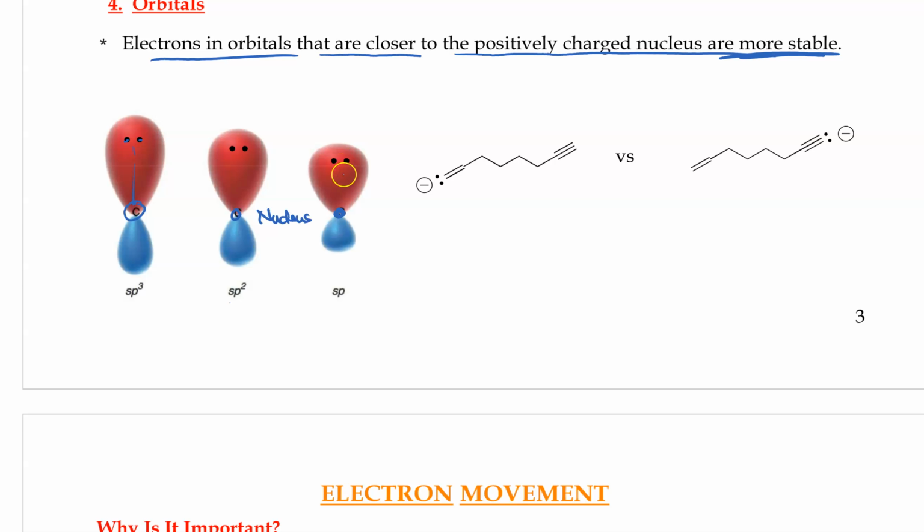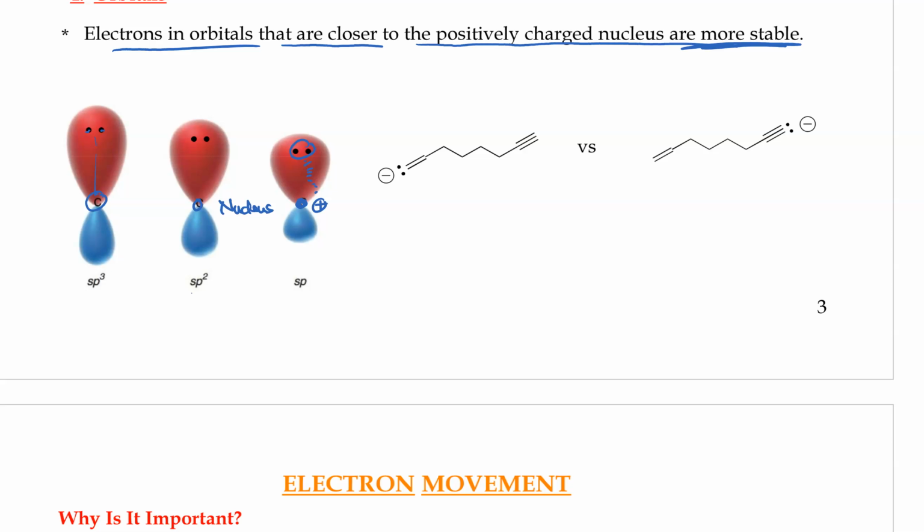So in the case of an sp1 atom, an electron located in the sp orbital would be much closer to the nucleus, and the nucleus is positive, and that helps stabilize the electrons because electrons are negatively charged. So that's how orbitals can affect stability.